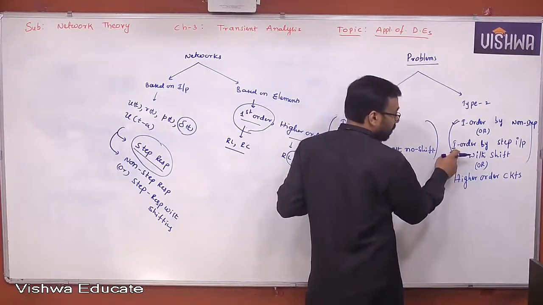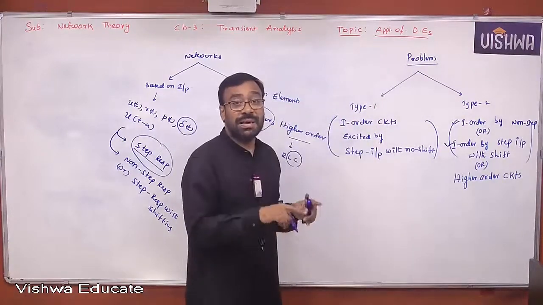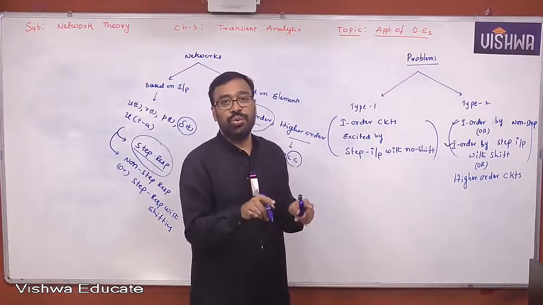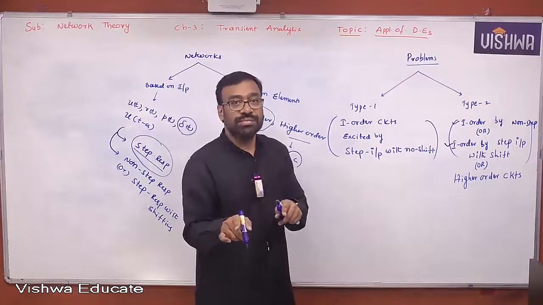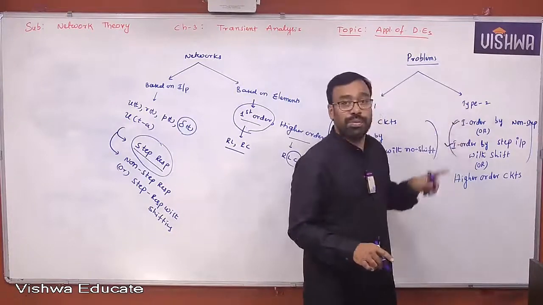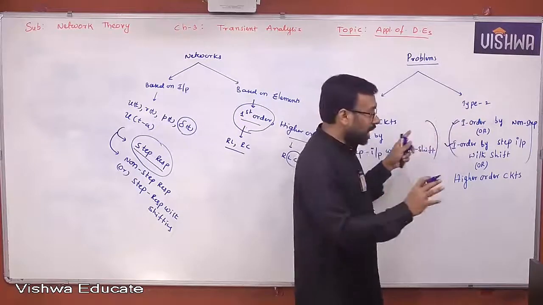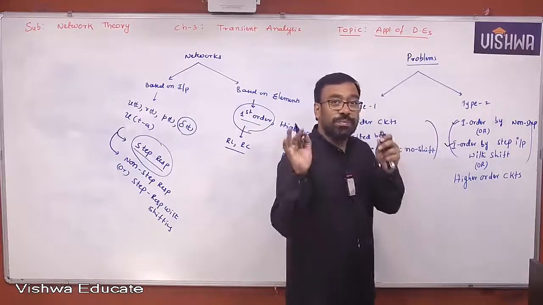Sometimes you may have first order with step, but the step is having shift, like u of t minus 2. That category of problem also comes under type 2 problems. The total problems are divided into two categories. If you can remember this, I'm sure that you can play with the problems.